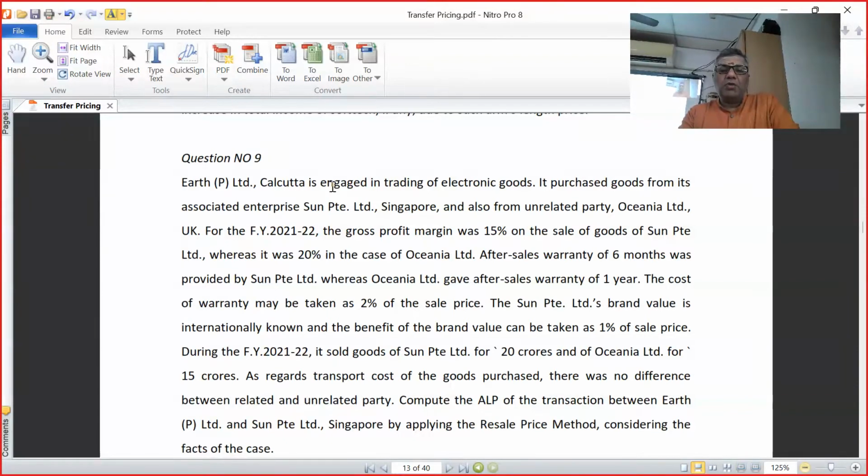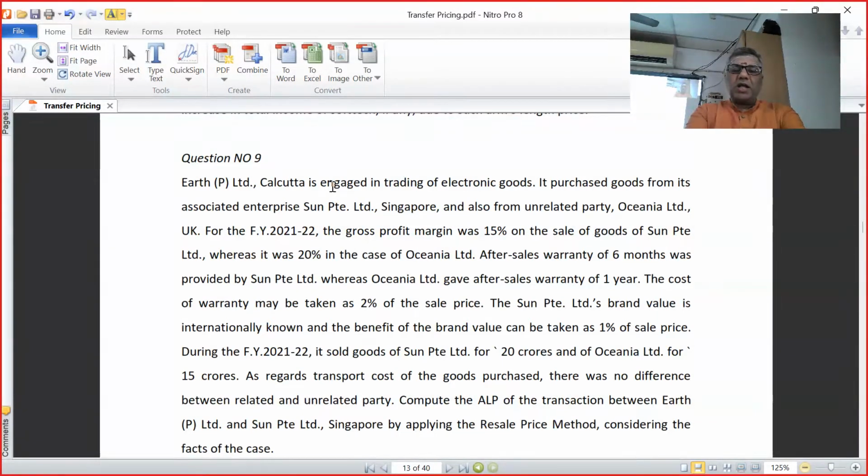The cost of warranty may be taken as 2% of sale price. Sun Private Limited's brand value is internationally known, and the benefit of the brand value can be taken as 1% of sale price. During the financial year 21-22, it sold goods of Sun Private Limited for 20 crores and Oceana Limited for 15 crores.